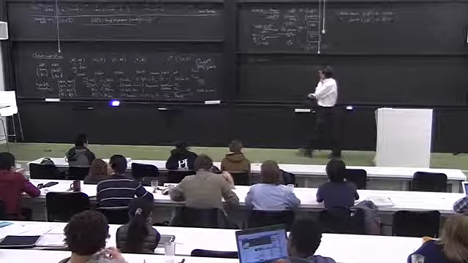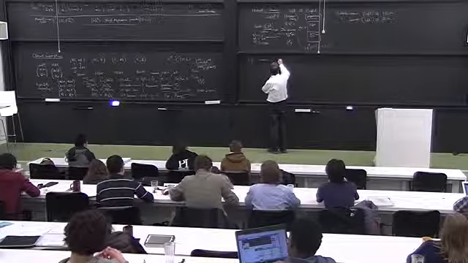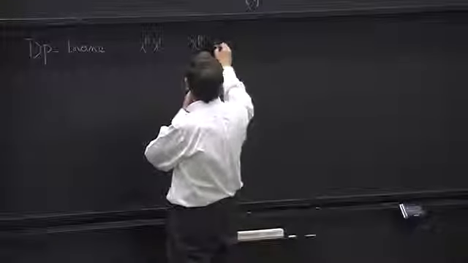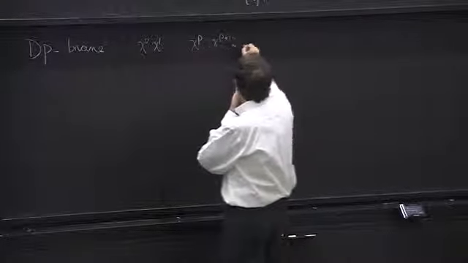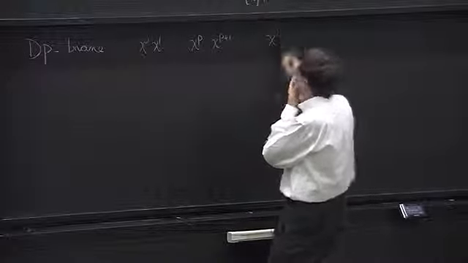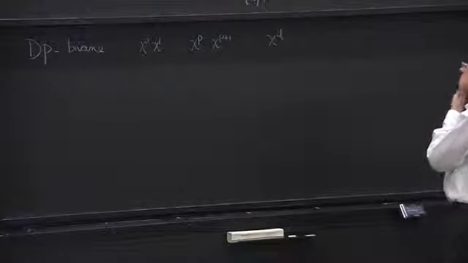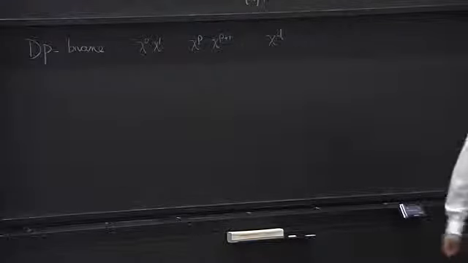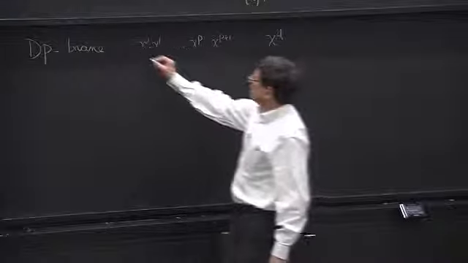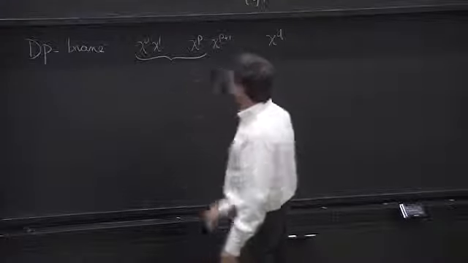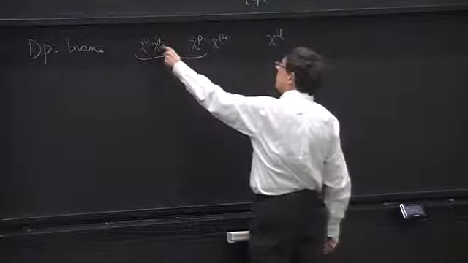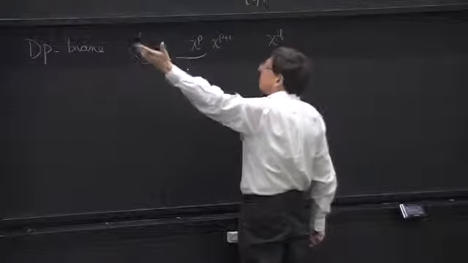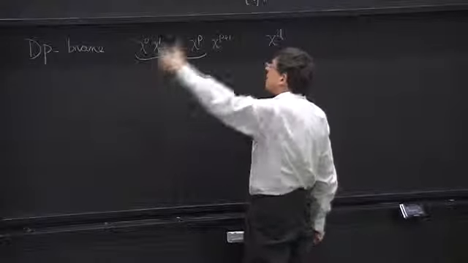So if you think of all your coordinates of space-time, x0, x1, up to xp, and xp plus 1, up to xd, the D-brane fills the first p directions because it fills p spatial dimensions. Let's say they're the first ones. And certainly time exists for the D-branes sitting there.